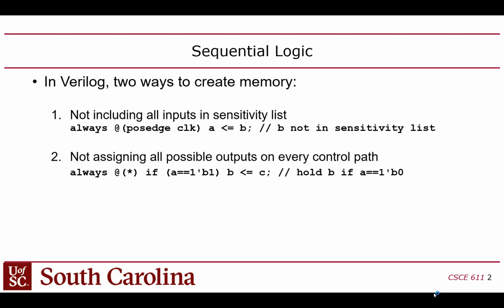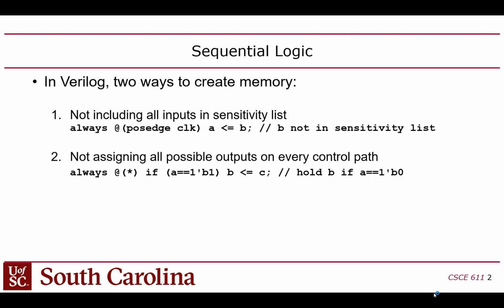Of course, they have those variants, always_ff and always_comb. But traditionally, if you specify a sensitivity list, but there are inputs inside the body of the always statement that are not in the sensitivity list, then the logic generated will automatically imply some kind of memory.